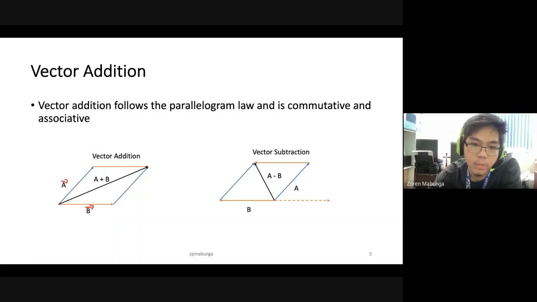So pwede mong isolve yun using parallelogram law, which is ipro-project mo yung isa, itong vector B dito sa taas, sa opposite side, and then yung vector A sa kabilang side. So yung diagonal dun sa parallelogram will represent the addition of A and B, vector A and B.